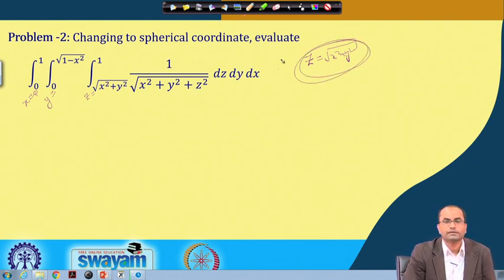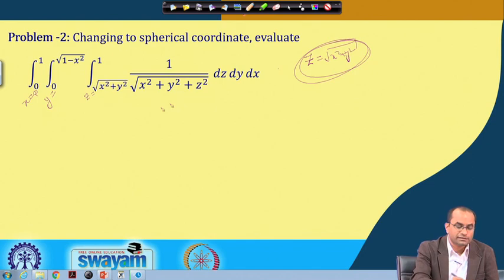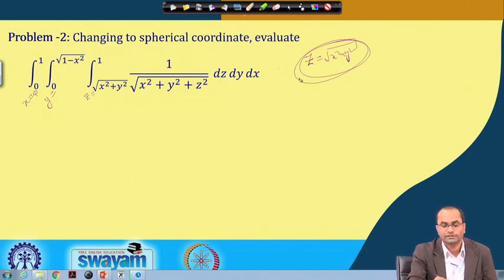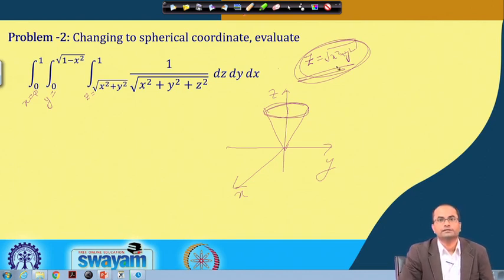This is nothing but the equation of the cone. So, in the direction of z we are going from this cone, which is represented by z is equal to square root x square plus y square.